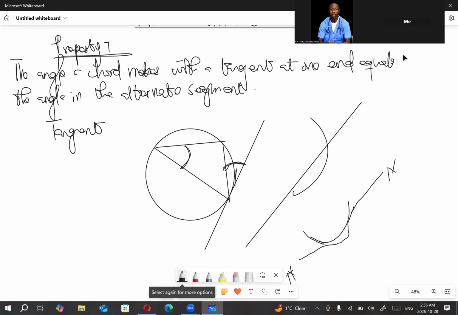To easily identify what this will be equal to, think of it this way. This is a chord, right? It's a chord that formed the angle with a tangent.